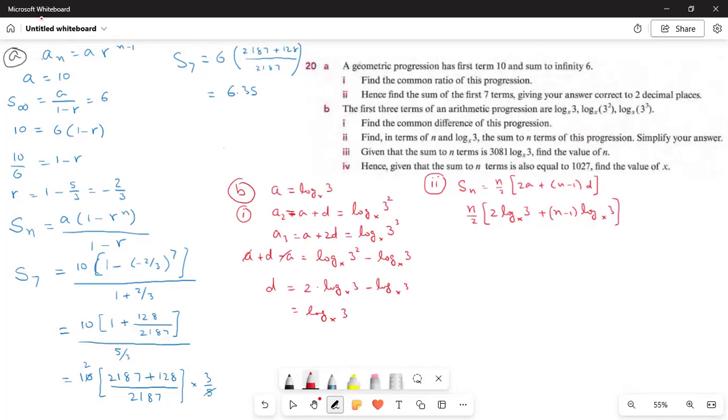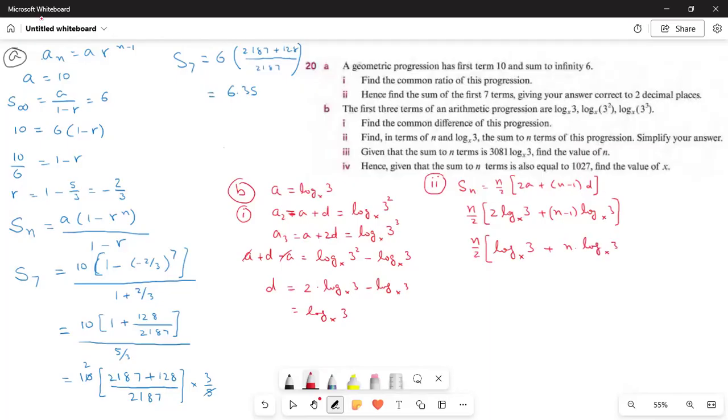Now let's try to simplify this complicated thing. So n by 2, and inside I have 2 log x³ and minus 1 log x³. So it will give you only log x³ plus n times log x³.